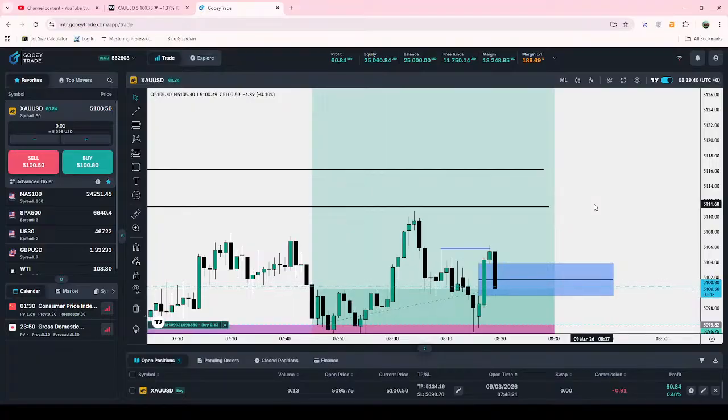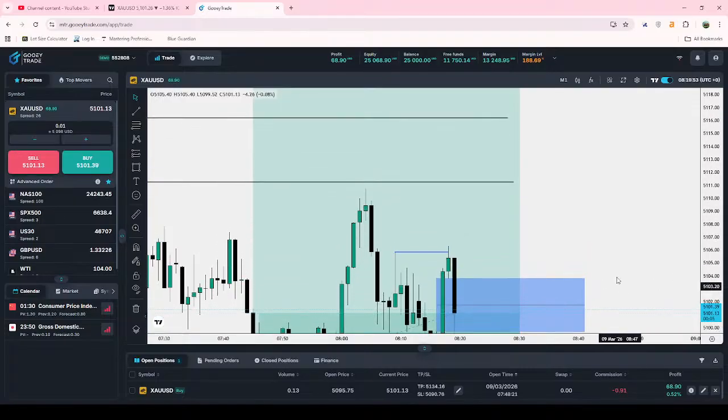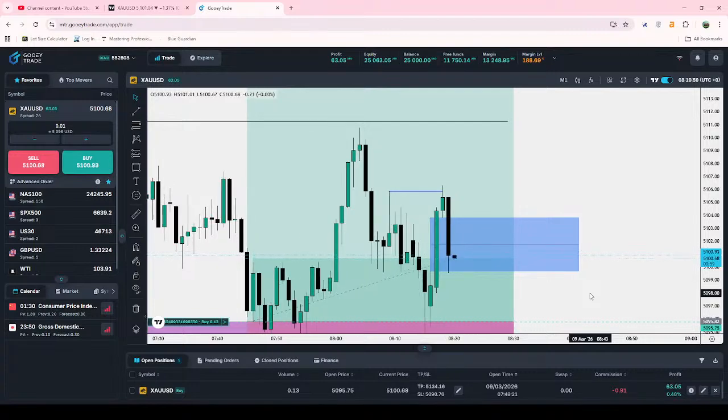I want a little portion of the fair value gap below to be left open, so it can be called a breakaway gap, but nah, the whole fair value gap is obliterated. Let's see where the candle closes. So we are back in the range, trading up and down.